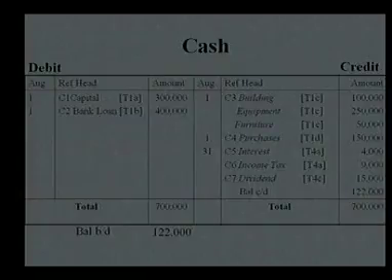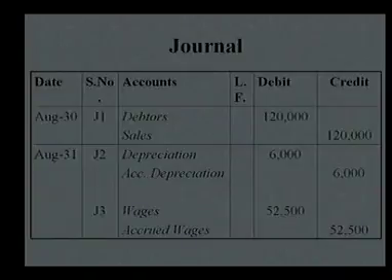Now, we go to non-cash related transactions. You will find that there are very few non-cash related transactions. In fact, before August 31st, only one non-cash related transaction has taken place.